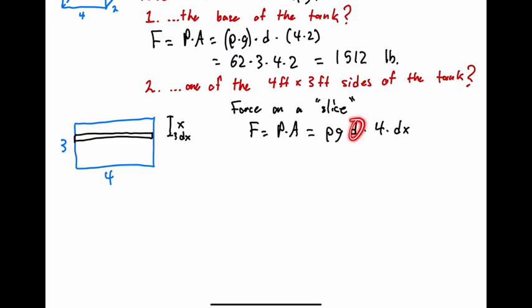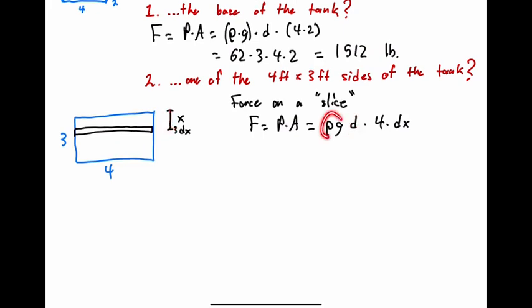The depth d is just x, and rho times g is the weight density. So we have 62, that's rho times g, times the depth, x feet, times 4 times dx. That's how much force is applied to this slice. Since this is just the force on a slice, we'll go ahead and call this dF.